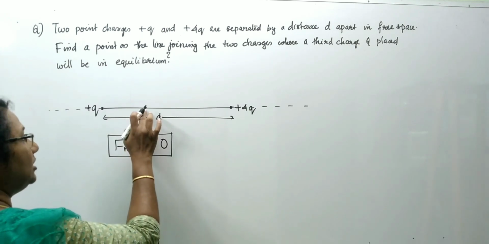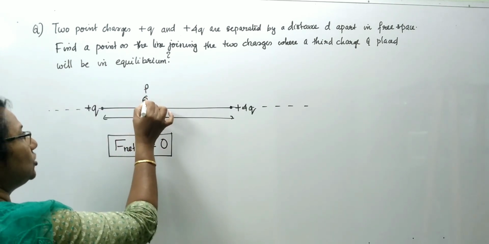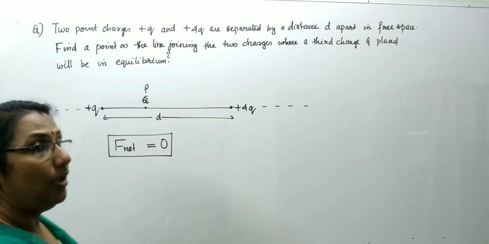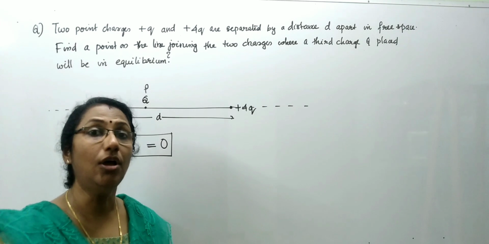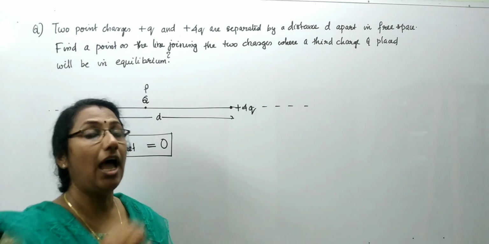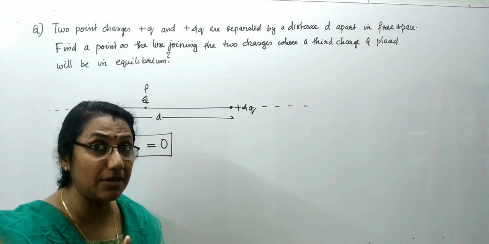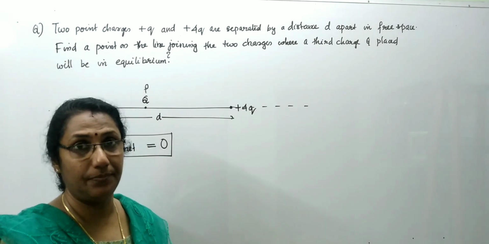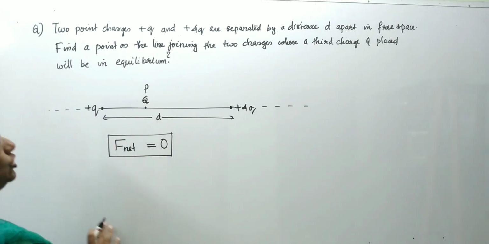If I take the point, suppose it to be P, and we are placing the charge Q there, then for the force to become zero, the force acting on capital Q due to plus Q and due to plus 4Q must be equal and opposite. Then only the force becomes zero. So we have to look at the direction.